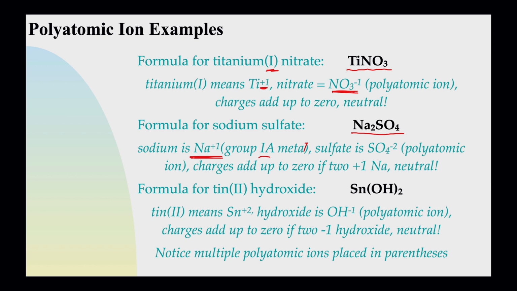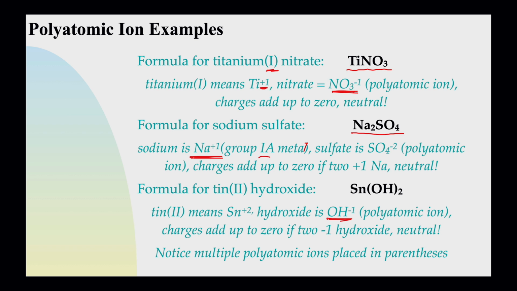Tin 2 hydroxide is another example of a polyatomic. Now this has an -IDE ending, and if you're new to the world of chemistry, you might think it's an element, but hydroxide is actually a polyatomic ion. It's OH-. We're going to talk about that a little bit more here in a little bit. Tin Roman numeral 2 means that it's a variable charge metal.